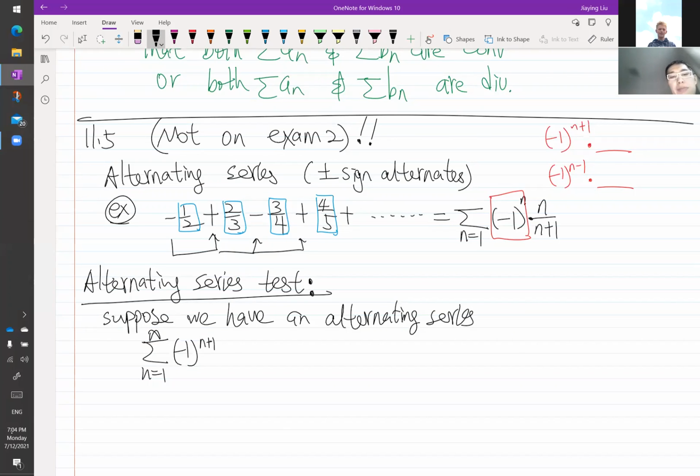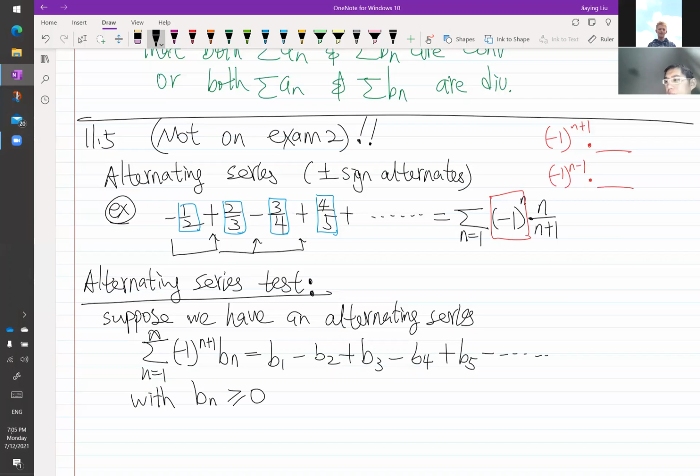I want to begin with a positive, but it doesn't have to. It could begin with negative, so this could be n plus 1 or just n. And b_n, the formula that gives you the individual terms, gives b1 minus b2 plus b3 minus b4 plus b5, and you see the pattern there. So this is the alternating series where b_n is greater than or equal to 0 for all n.